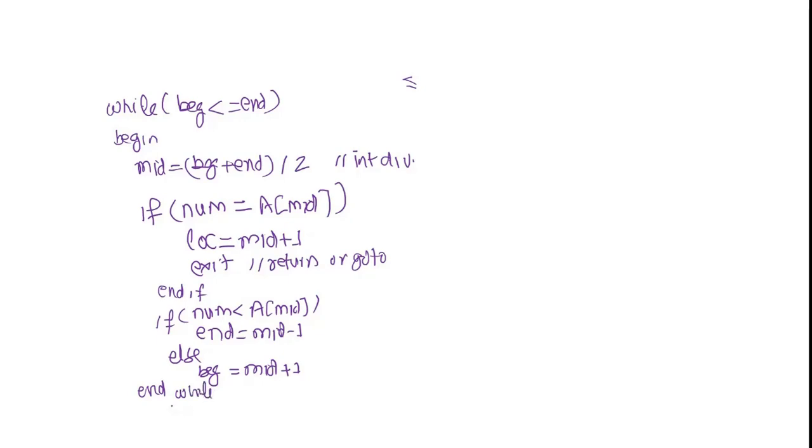After that, one more statement we may write, that is, if number not found: if number is not equal to a of mid, in that case we can initialize location is equal to -1. So this is the algorithm. Some variables we can initialize here, like beginning is equal to 0, end is equal to n minus 1.